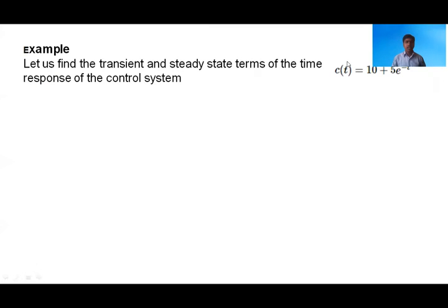Let us take an example here of time response of a system. Here in this example, c of t is given by 10 plus 5 e power minus t. Now, can you guess which is the transient response and which is the steady state response? In the previous slide, we have seen c of t is the sum of the transient response and the steady state response.